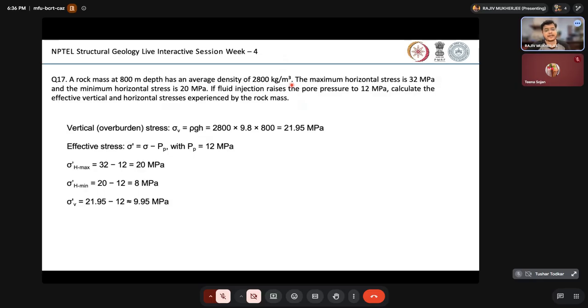So that is how we get the effective stress. We simply subtract the pore pressure.